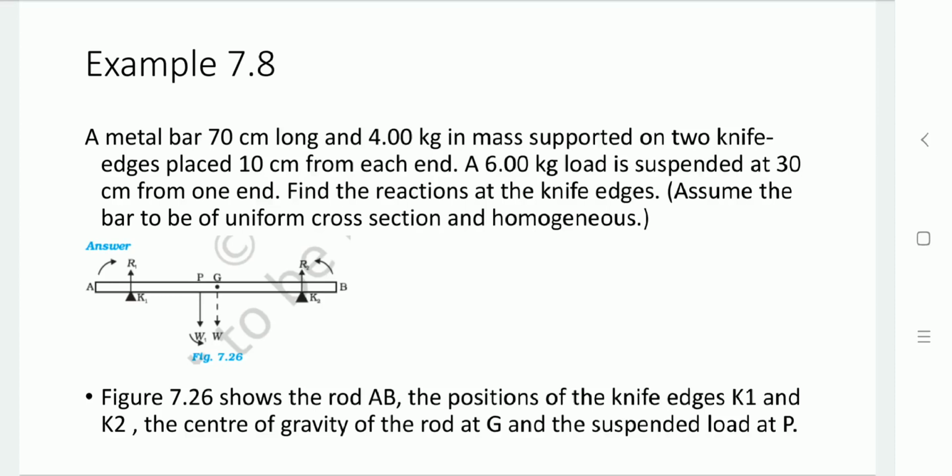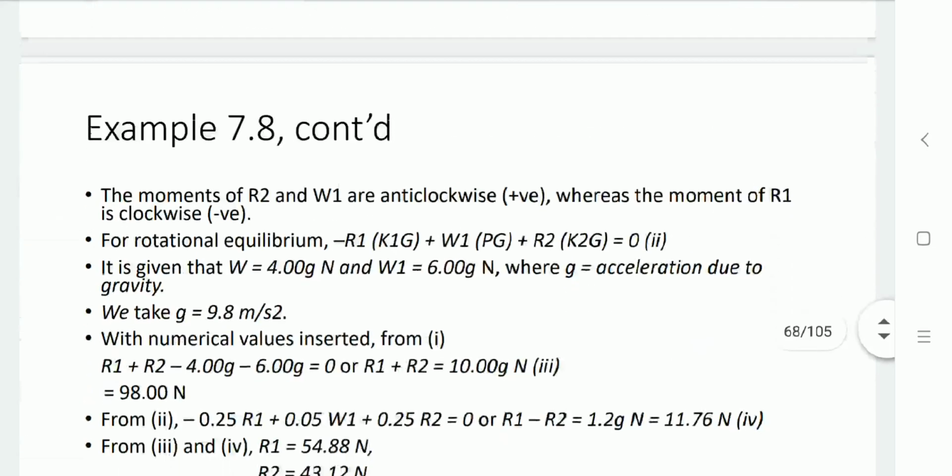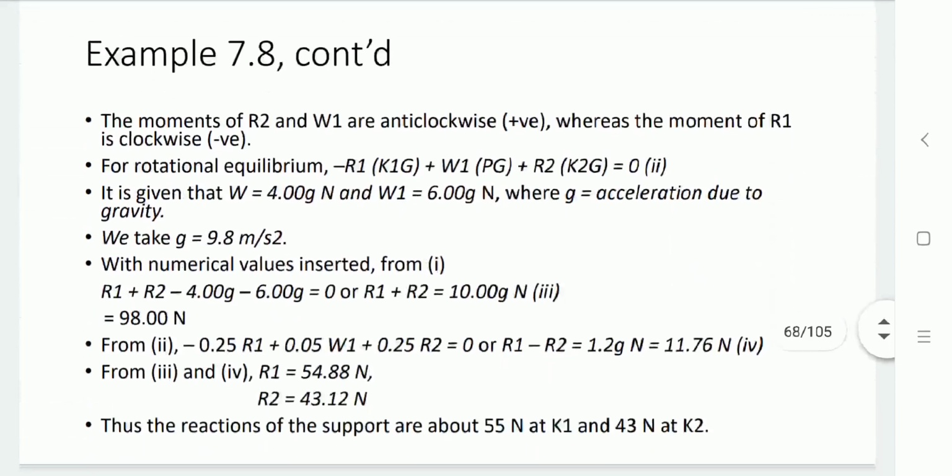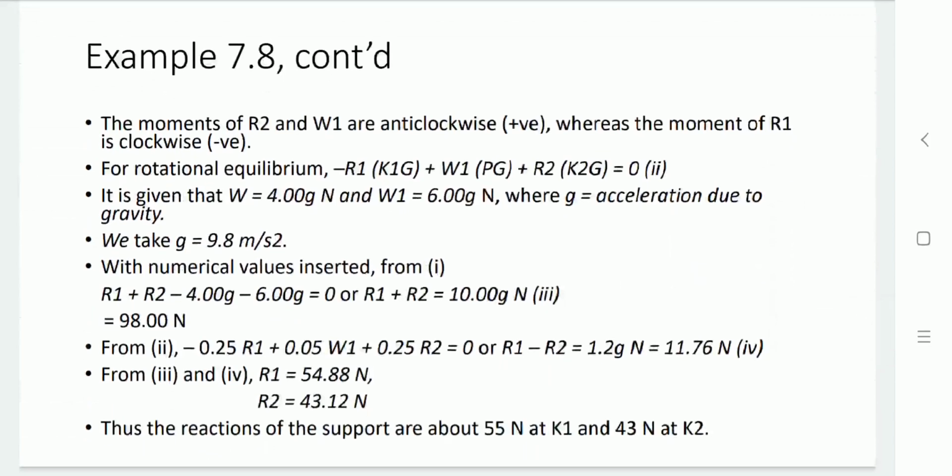Now for rotational equilibrium, we take moments of the forces at a convenient point G. Here R2 and W1 are anticlockwise, so let us take them positive, and R1 is clockwise, so let us take it negative.